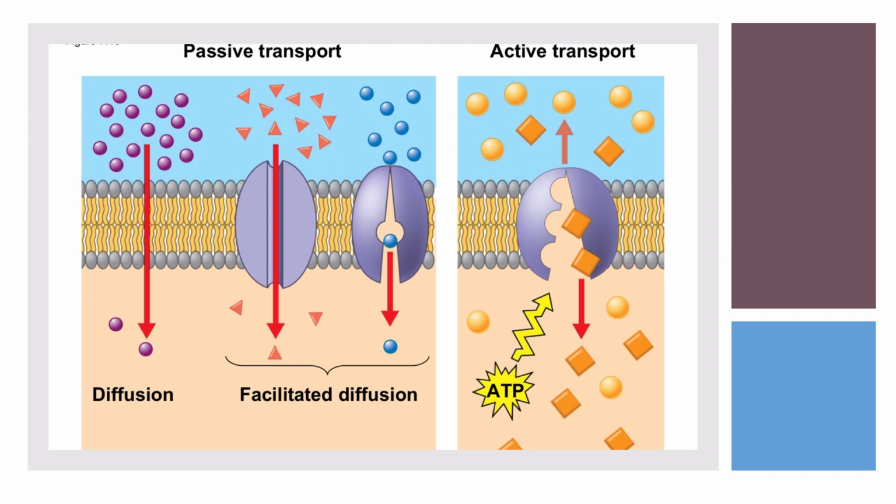So again, in diffusion, things just go from one side to the other, down their concentration gradient. Facilitated diffusion is the same thing, going from an area of higher concentration to lower concentration, but with the help of a protein. Still no energy is needed for facilitated diffusion.